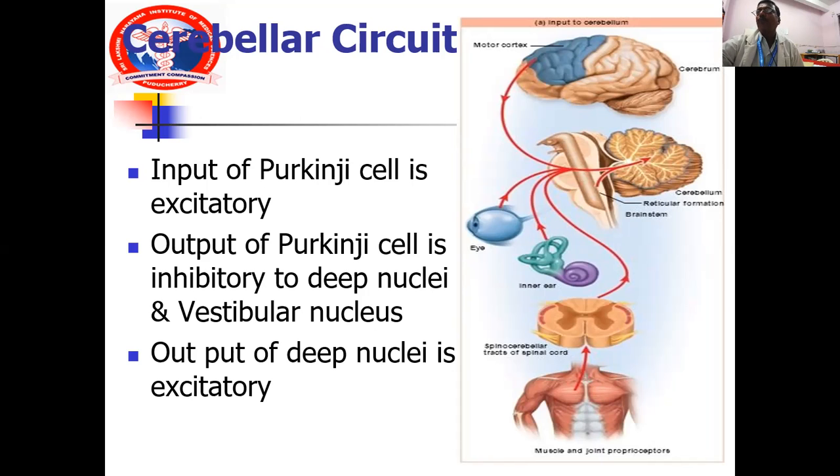You can see the top one is the impulse coming from the motor cortex, entering into the cerebellum through the Purkinje cell, which will be excitatory, and further the output of the Purkinje cell is inhibitory to the deep nuclei and the vestibular nucleus. Output of the deep nuclei is excitatory.